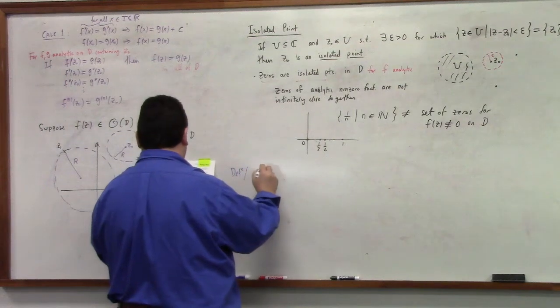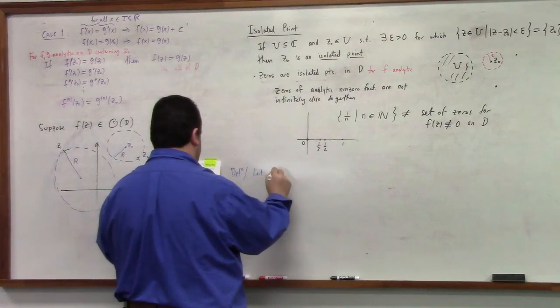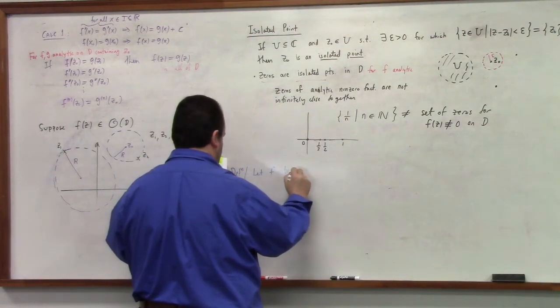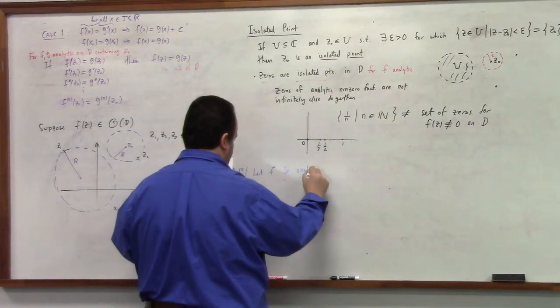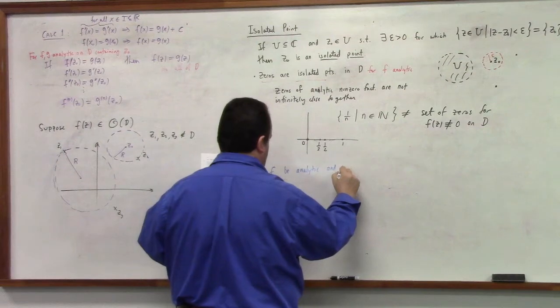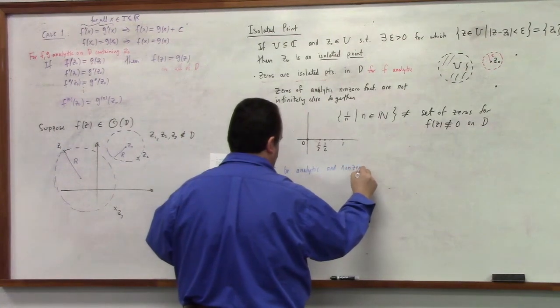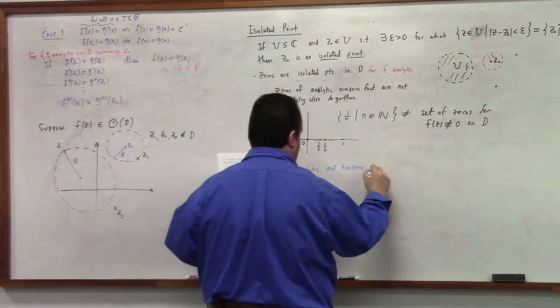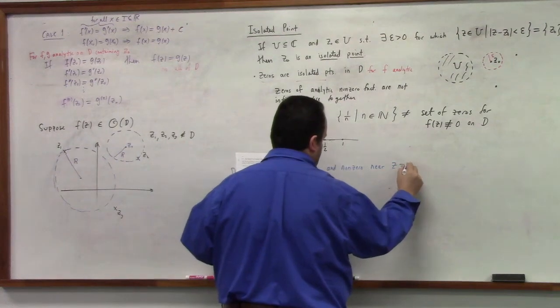Definition: let f be analytic and non-zero near z equals z naught.